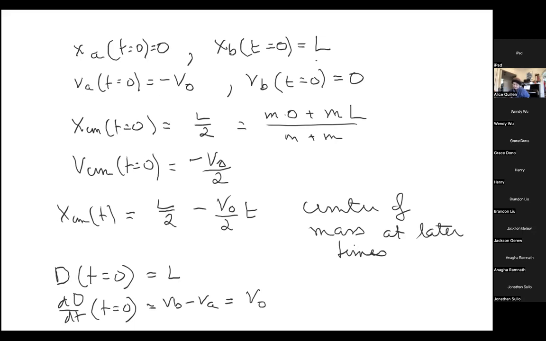So I have the initial distance between them and the initial time derivative of the distance between them. Now let's recall our solution for the distance between them: L plus A cosine omega t plus B sine omega t.